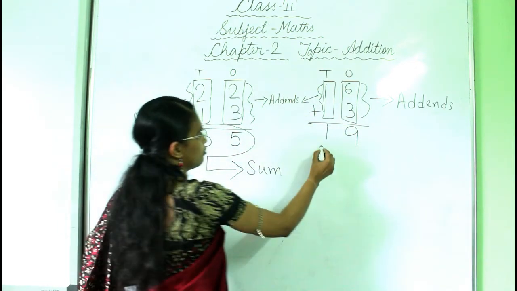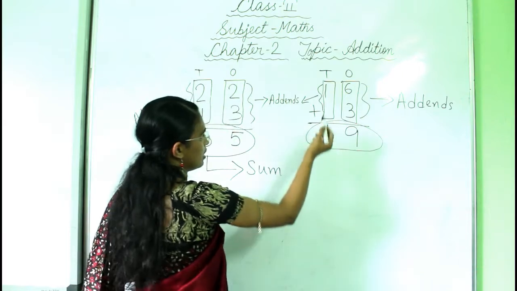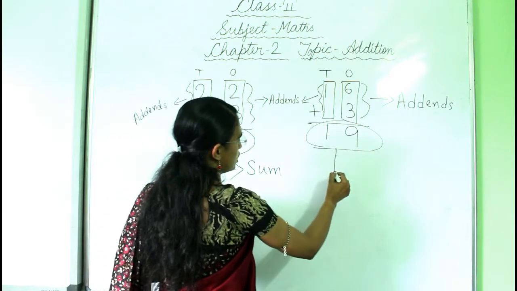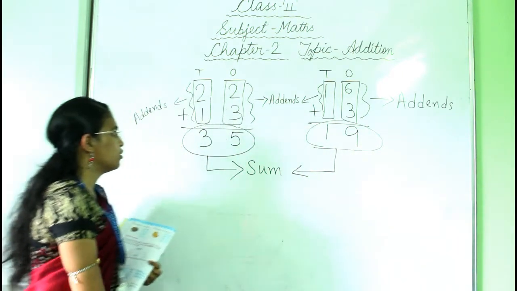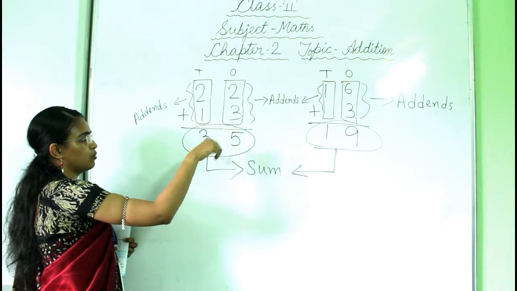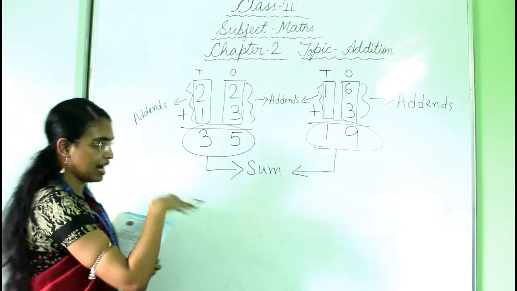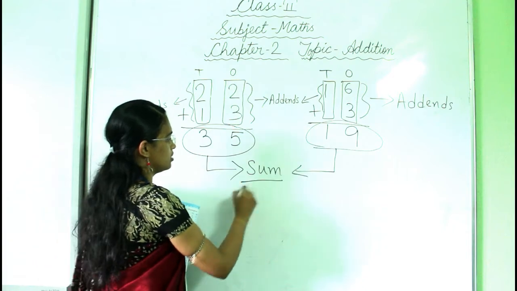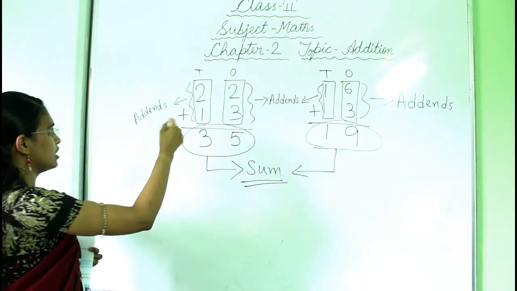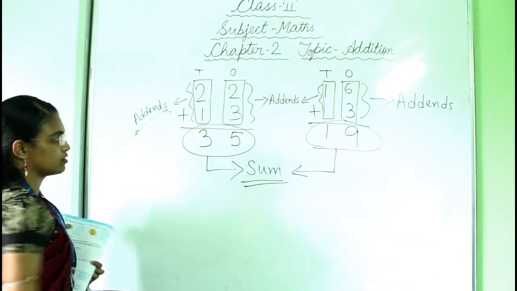Okay. So we have got the answer. What will be the answer? 19. So this is called the sum. Whatever answer we get after adding the numbers, that is called the sum, and whatever numbers we are adding, those are called addends. Okay.